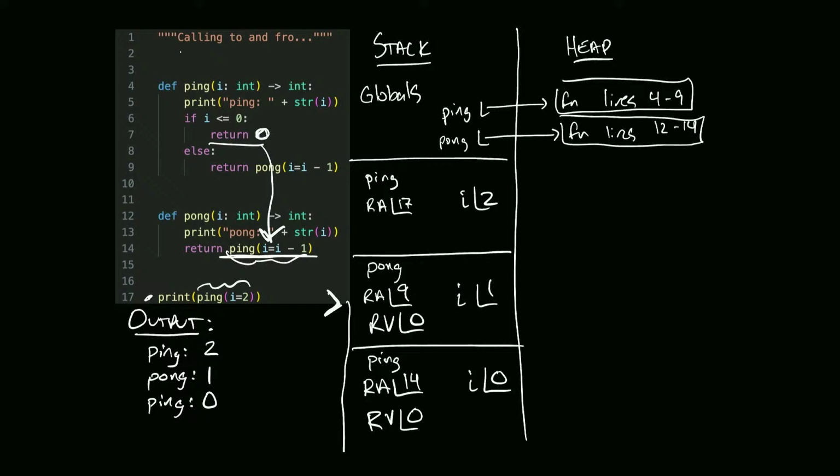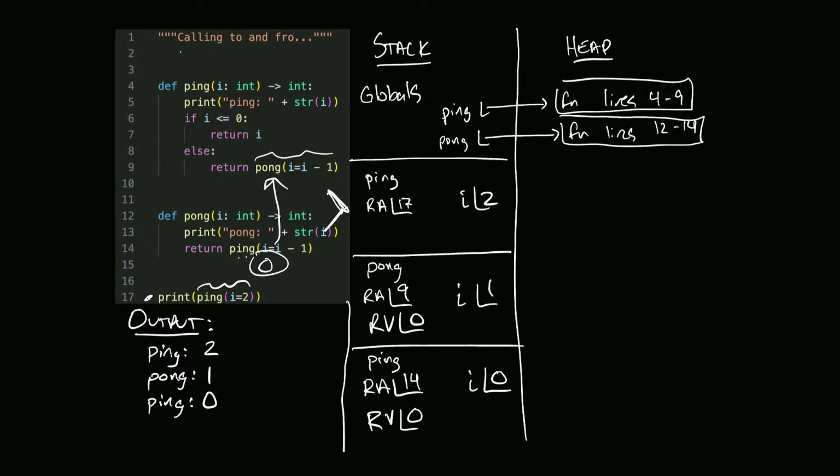But this time around, we have to look at, okay, for this frame, now that we've figured out where it's going to return, we're going to return to line 9, right? So if this was 0, we're going to send that back to line 9, that was this call to pong, which is what got us into that frame. But now our lowest frame is this ping frame, where I was originally 2.